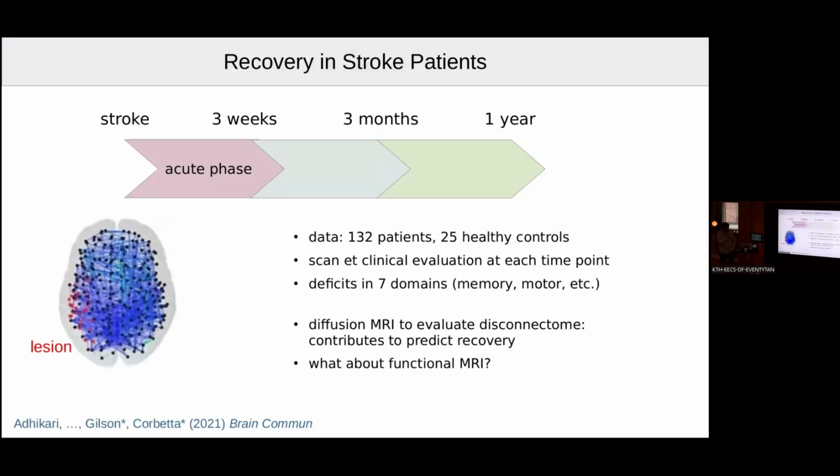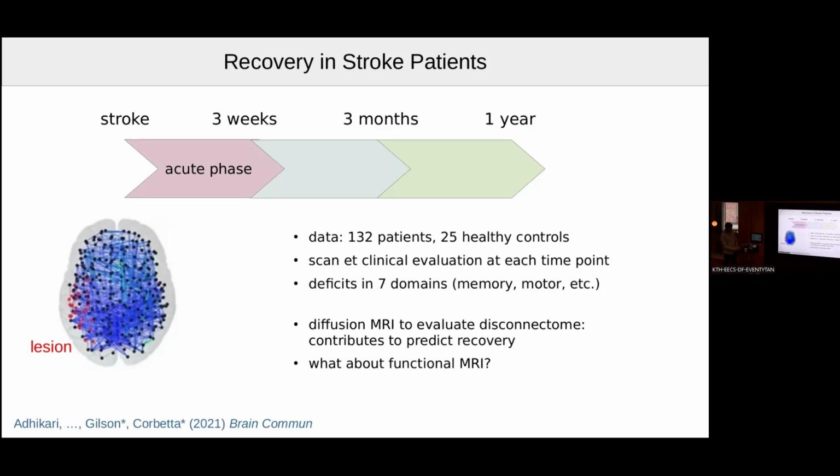Okay, so the first thing that I wanted to talk to you about is a recent paper, well, not so recent now, where we had some stroke data from the group of Matthieu Bäta, and this was in the context of the Human Brain Project.